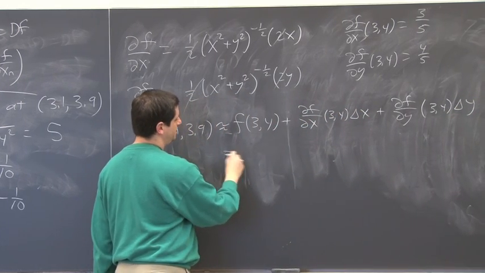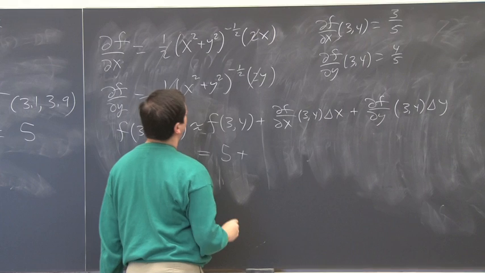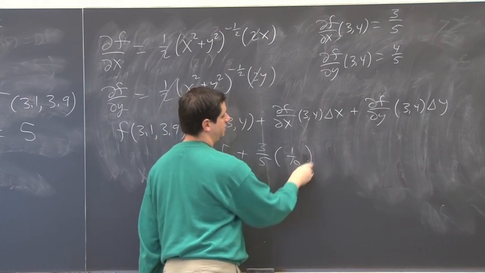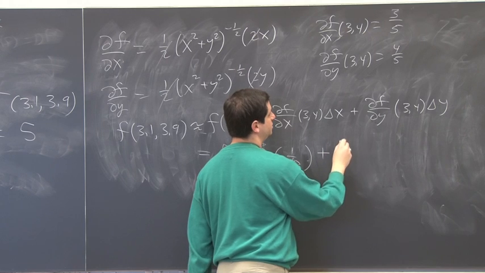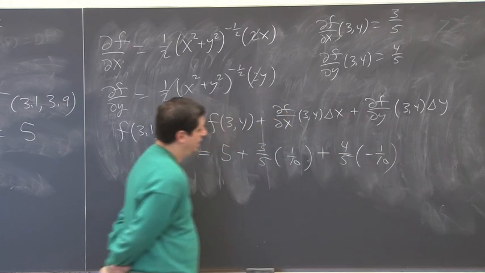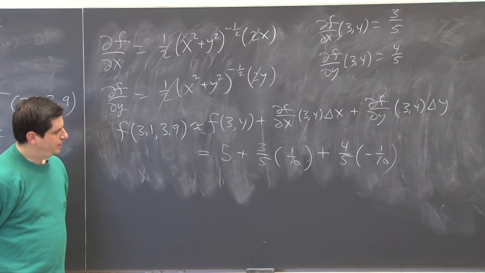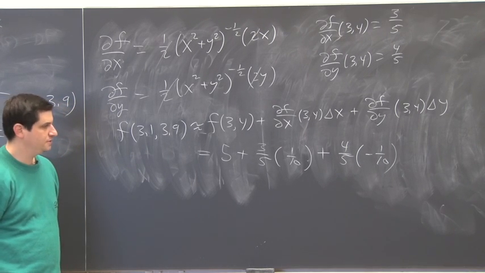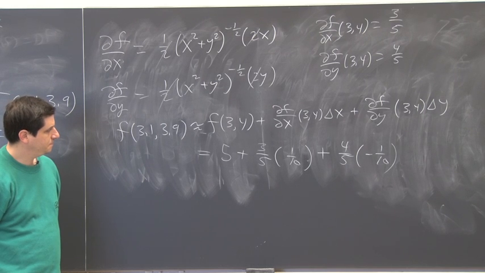All right, so this is equal to 5 plus 3/5 times 1/10 plus 4/5 times negative 1/10. All right, 3/50 minus 4/50 is negative 10/50, right?